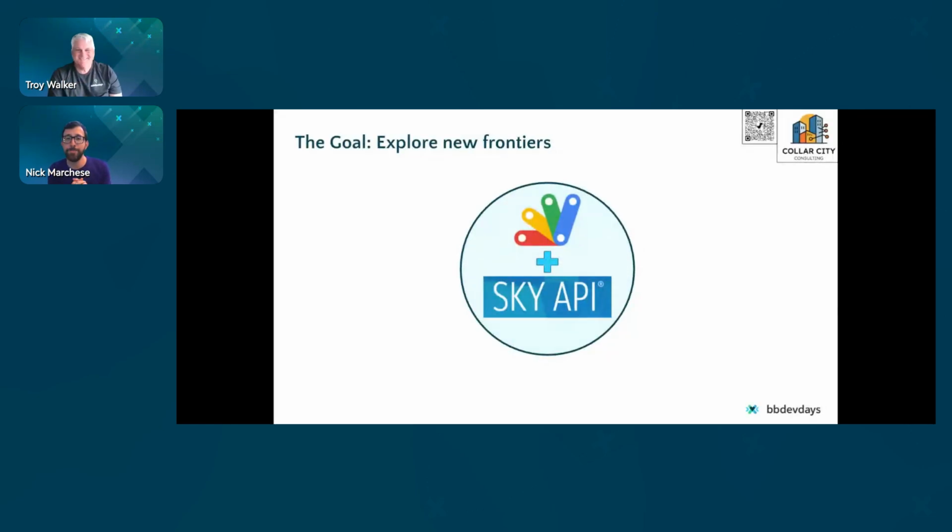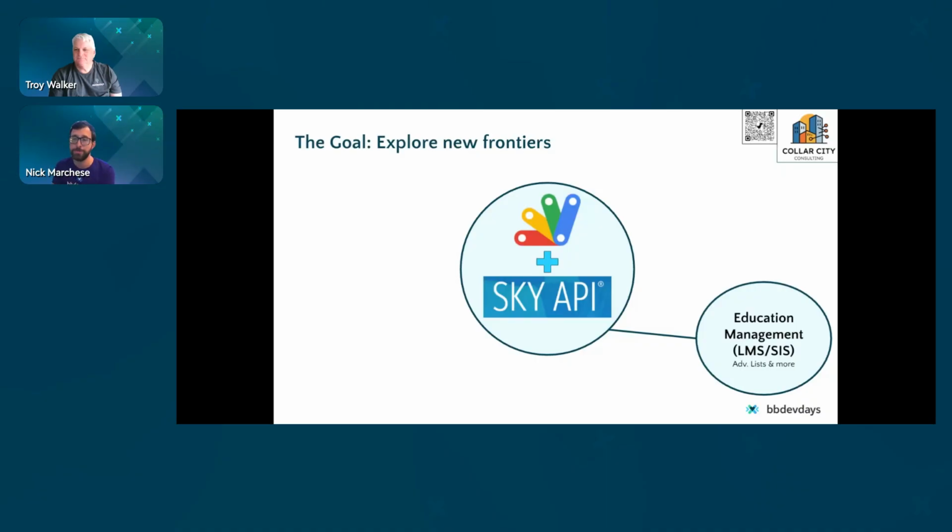So my goal. Starting here with Google Apps Script and Sky API, and the last 2 years really focusing on education management, advanced lists, schedules, rosters, and much more. But I'm trying to find ways to branch out and challenge myself to find other ways I can do things.